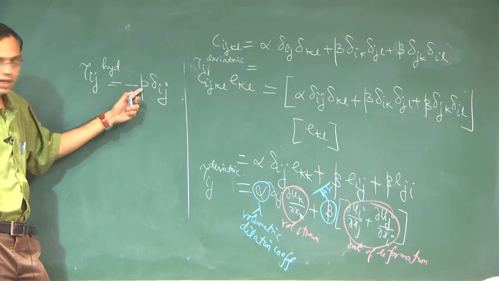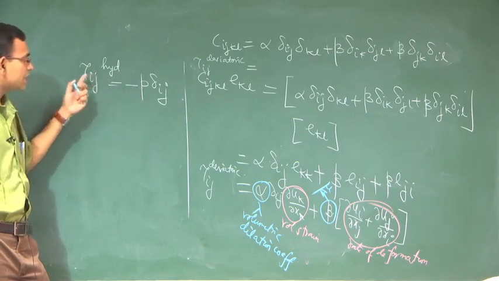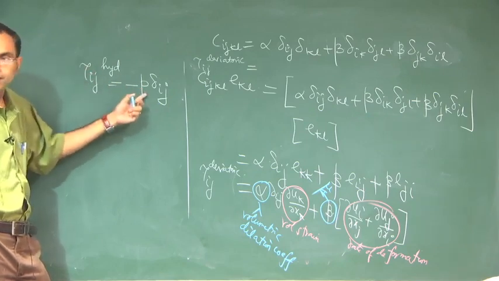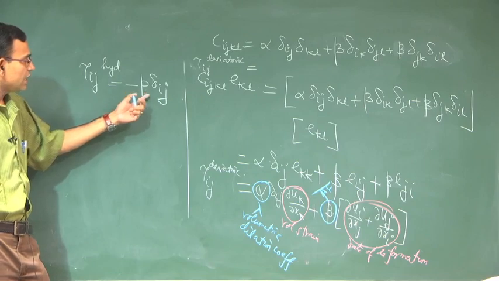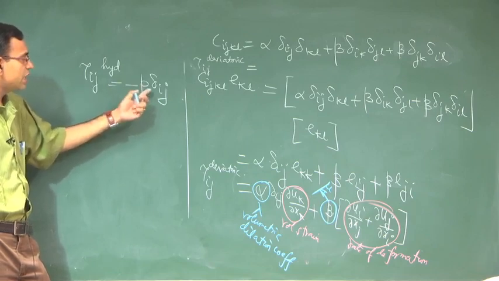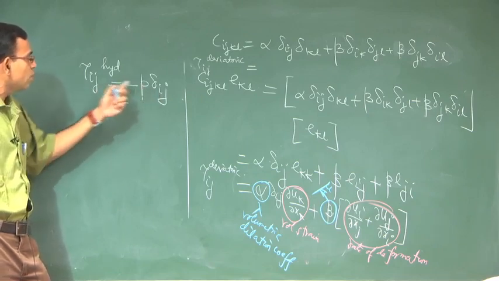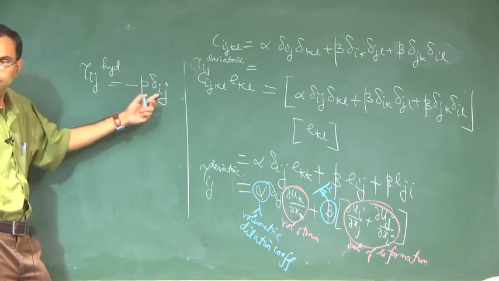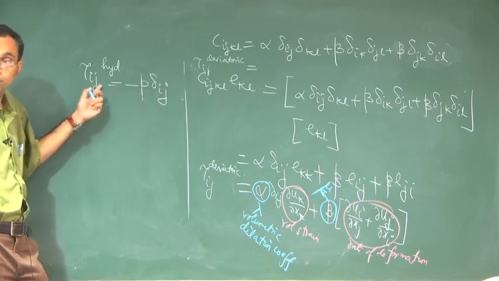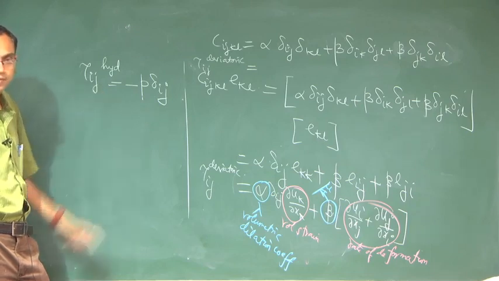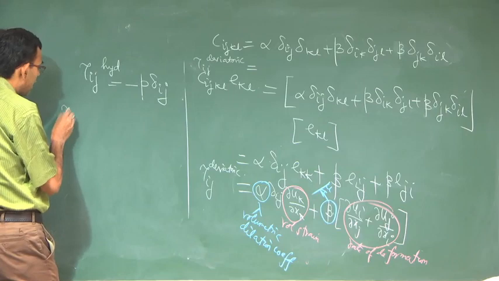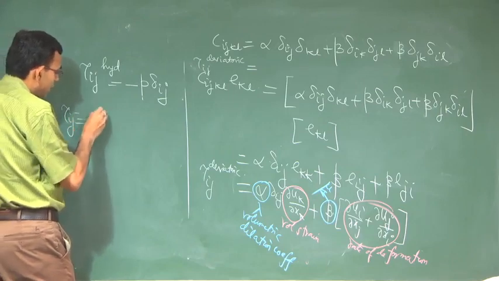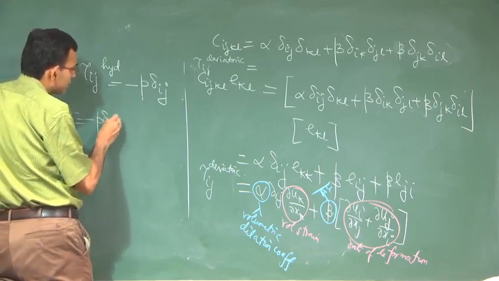Minus P is pretty clear that positive tensile stress is plus, but pressure by definition is compressive. So, it should be negative normal stress. The other thing is that pressure is normal stress and not shear. So, pressure will be active only when j is equal to i, that is tau ii, that is only normal, not shear.